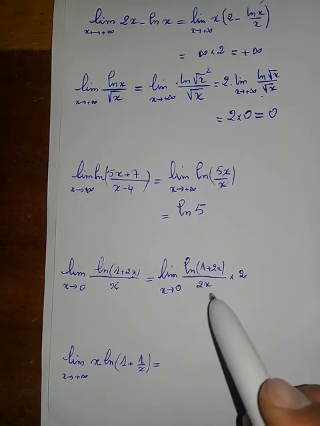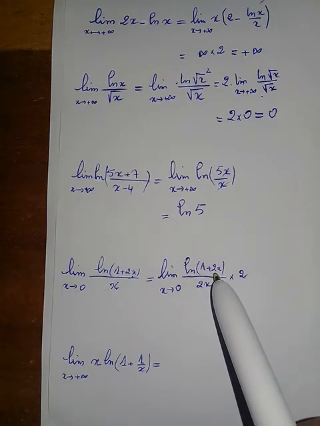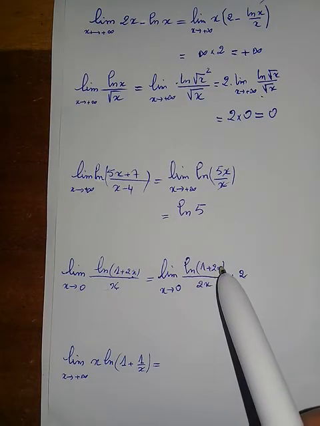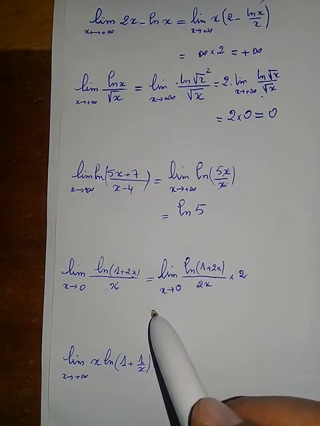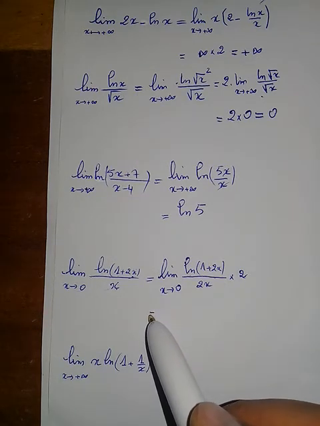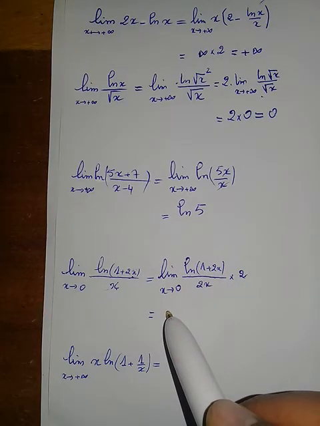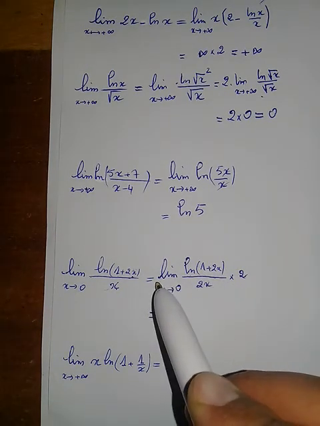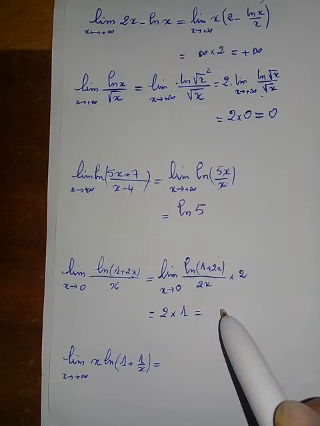So this is equal to 1, because when x goes to 0, 2x also goes to 0. So it's 1 times 2. We can take the 2 out and get 2 times 1, which is 2.